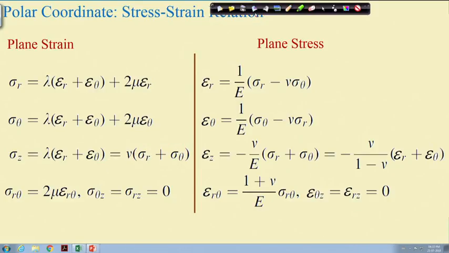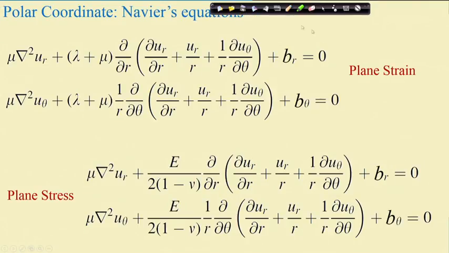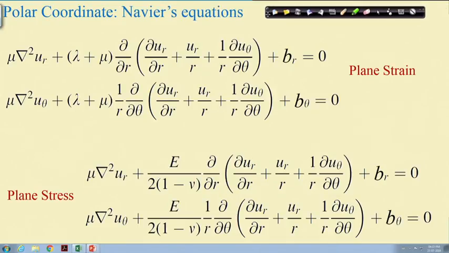Okay. So, we now know the stress strain relation in the polar coordinate system. Now, let us write the other equations. Navier's equation, which is essentially the displacement formulation.